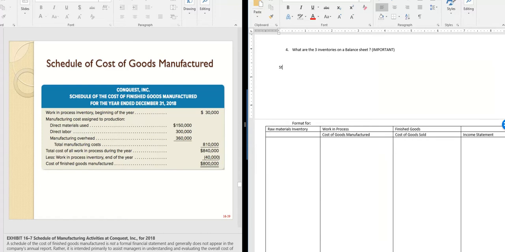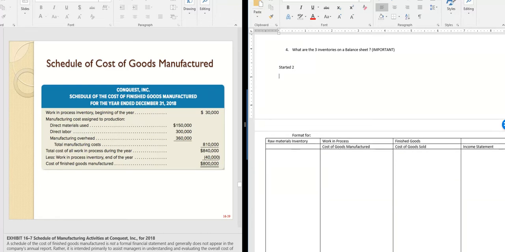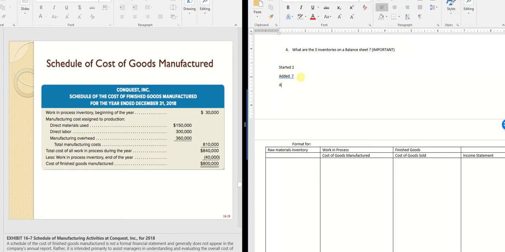Sometimes if I started with something, so let's say I started with 2 pencils, I added 7 more, and the question is, started with 2 pencils and added 7 more. If I had 3 left, how many did I use? Okay, and so hopefully you've just determined 6. So in your mind, you've got available, so I had available 9.